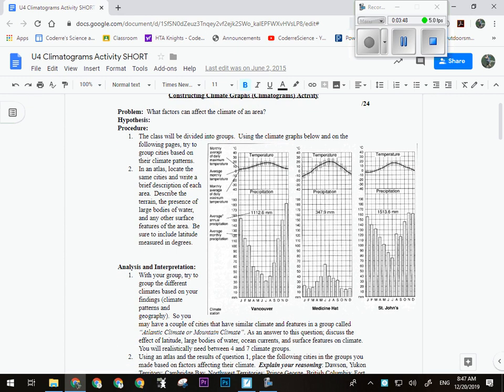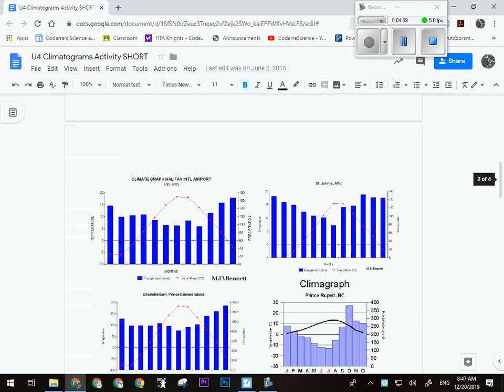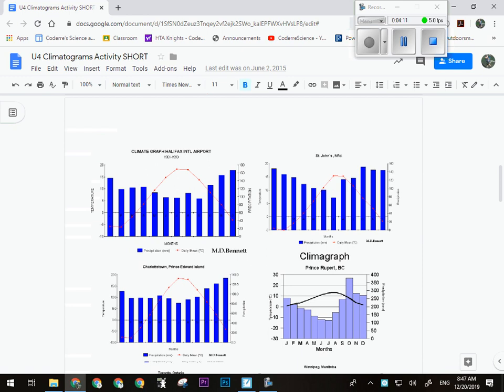This is a lot of data analysis, so you're going to do this in groups to reduce the amount of work each individual person has to do. With your group, you're going to look at the climate graphs and group them together based on their similarities. Let's say we're looking at Halifax and St. John's, Newfoundland.